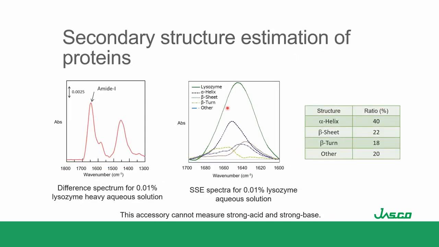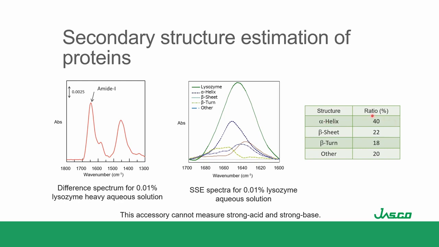And when we do the calculation using the secondary structure estimation software, we can see that the lysozyme peak is deconvoluted, and the result that we have is that the percent is 40% for alpha helix. That is really close to what was measured before.